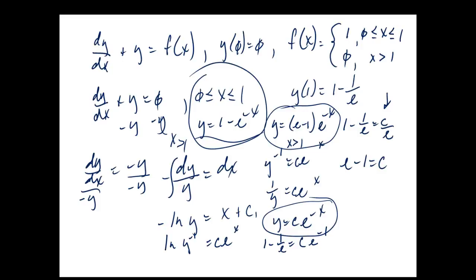So this would be c e to the minus 1, so this is c over e. So I just rewrote this equation like that. And then since we're looking for c, I just multiplied everything on both sides by e. That wipes out this. e minus 1. So then I plug that back in to this, and that would be e minus 1 times e to the minus x.